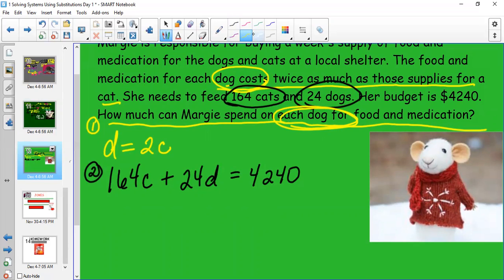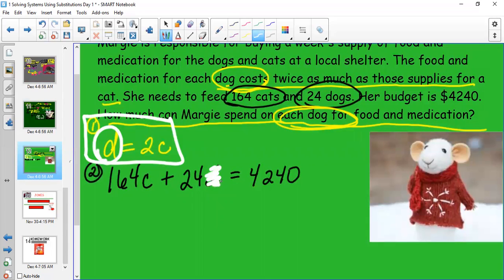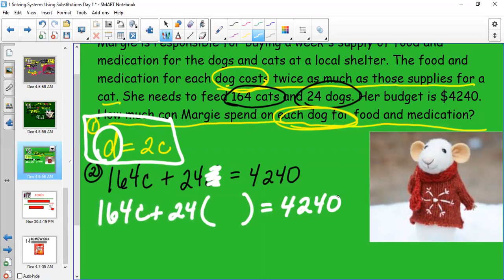Okay, so step 1, find your magic. That's the first one. It's D, so find the variable that's all by itself, take it out of the other one. Rewrite the problem. So 164C plus 24 parentheses equals 4,240.